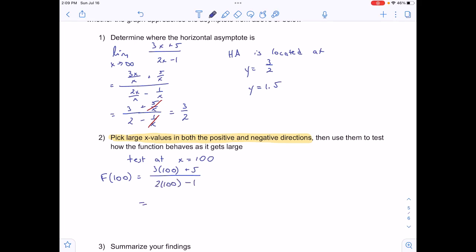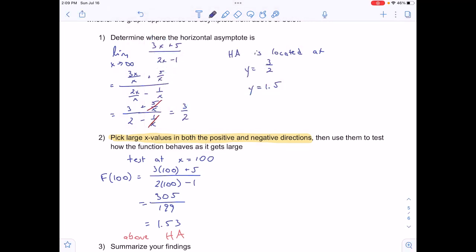So that'll be 305 over 199. 305 divided by 199 is about 1.53. And this is above my horizontal asymptote, right? 1.53 is greater than 1.5. This is above the horizontal asymptote. So my function is approaching from above.